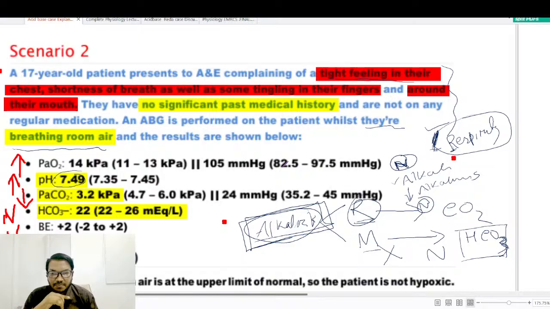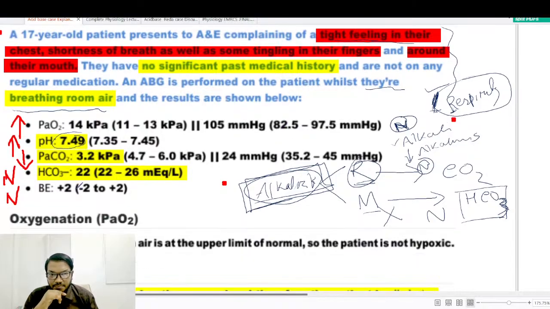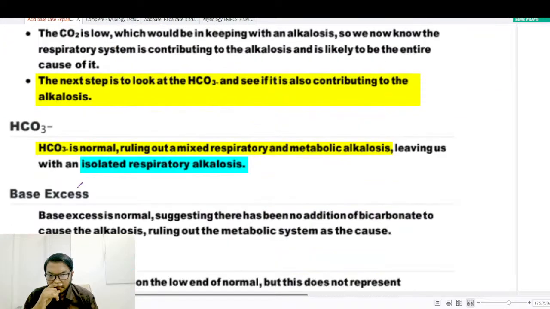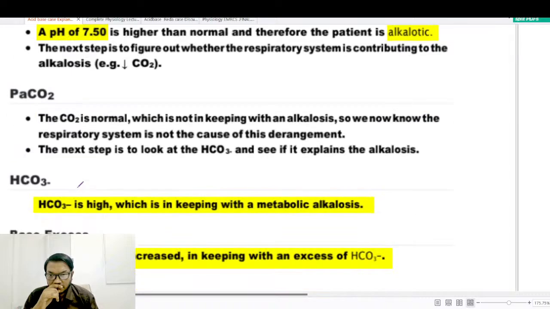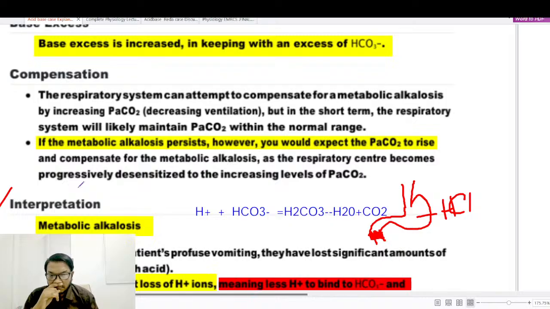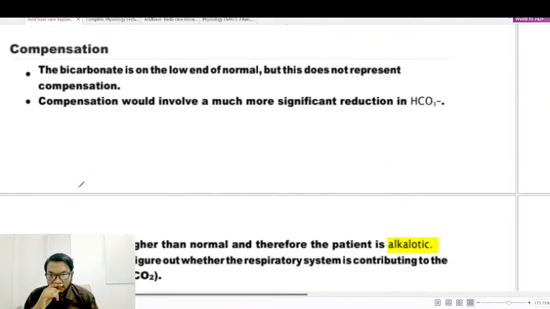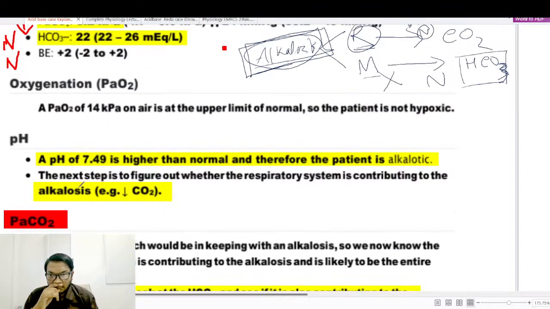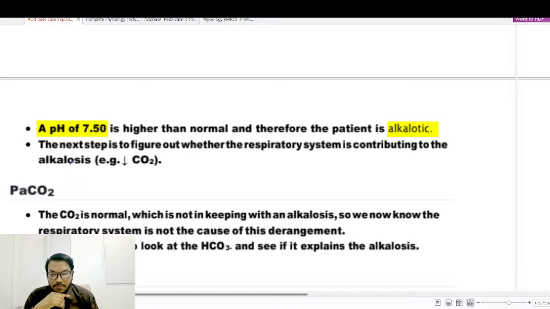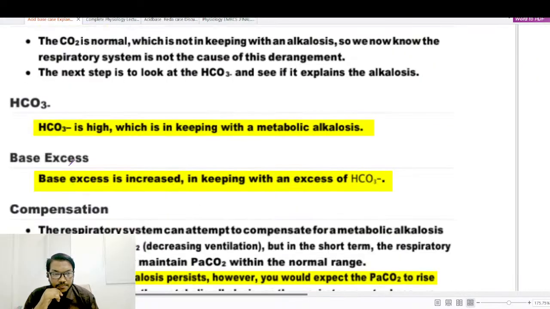This is almost normal. Especially, it is not up, it is mainly down.